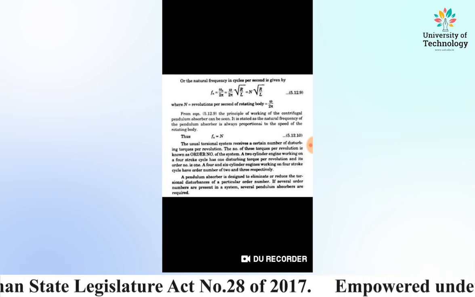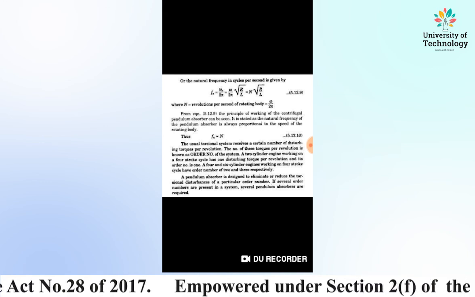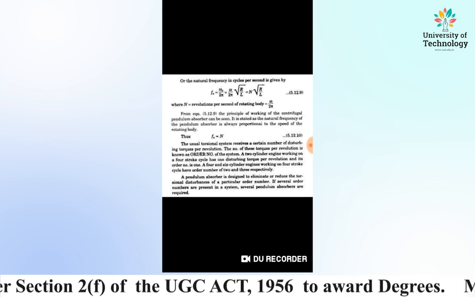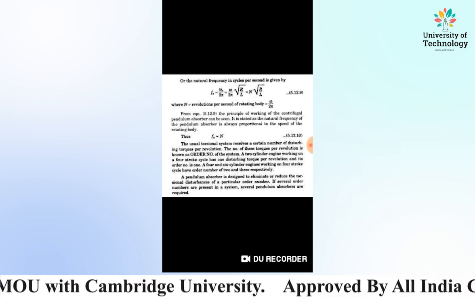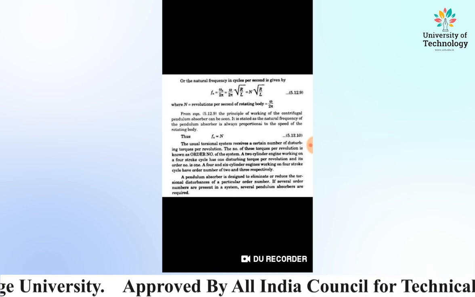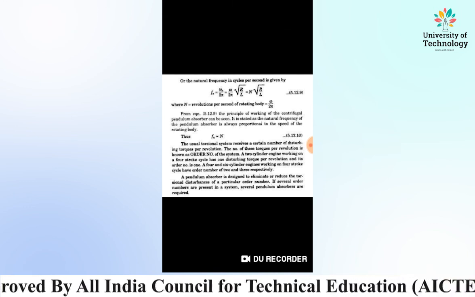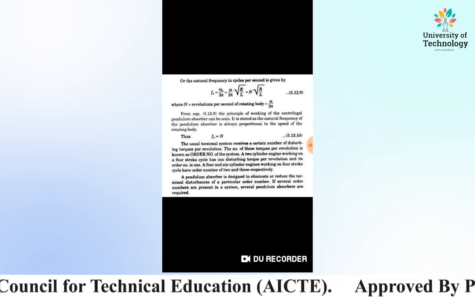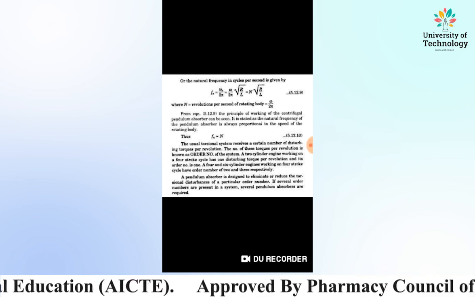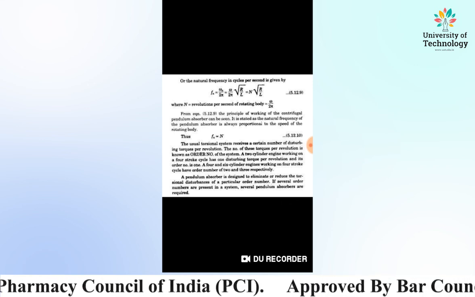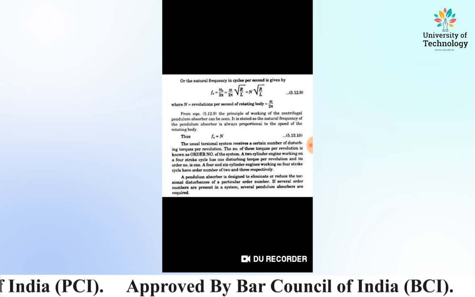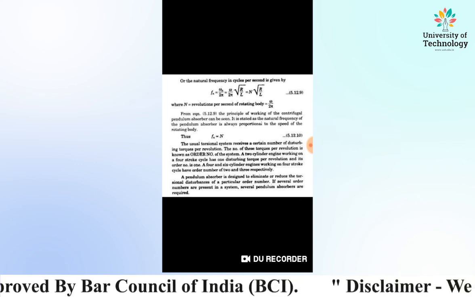A two-cylinder engine working on a 4-stroke cycle has one disturbing torque per revolution, and its order number is 1. A 4 and 6 cylinder engine working on a 4-stroke cycle have order numbers of 2 and 3 respectively.